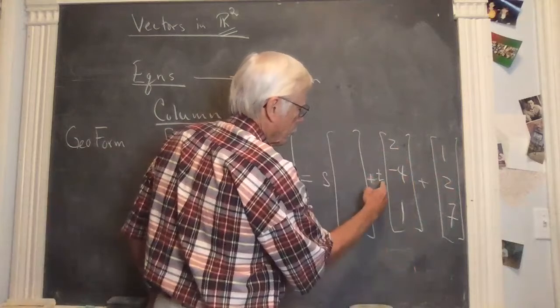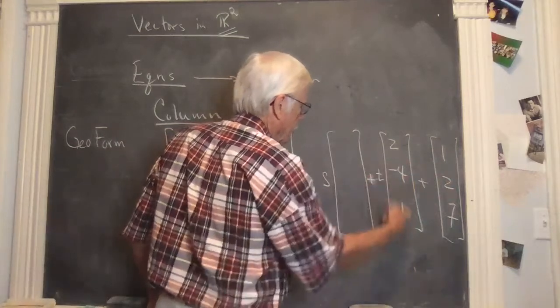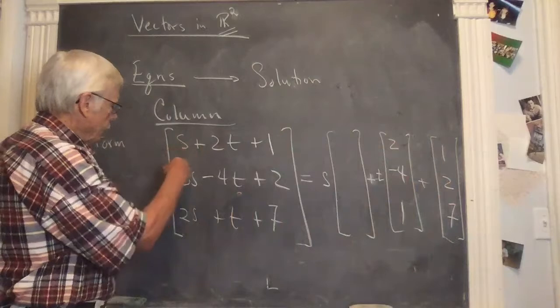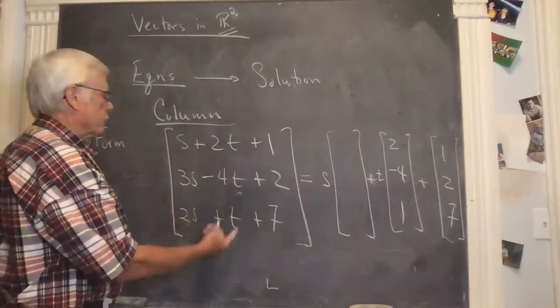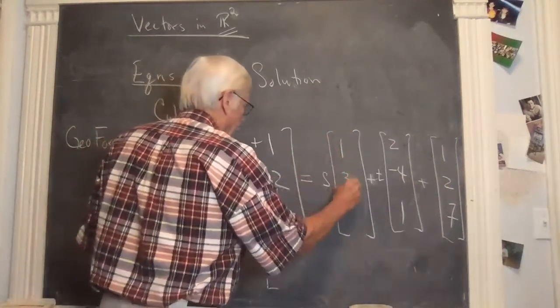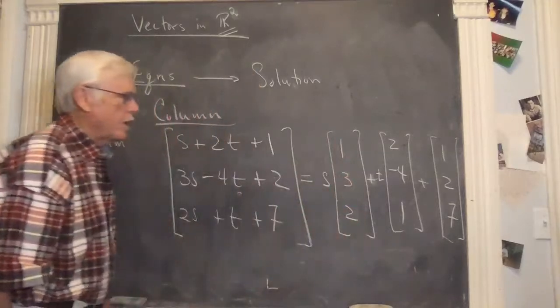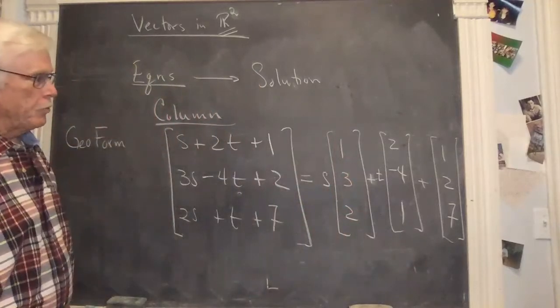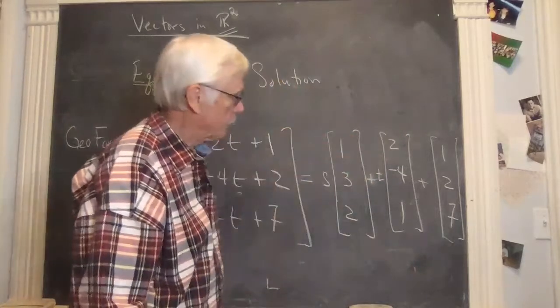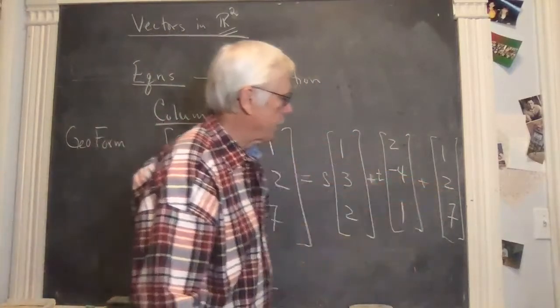And each one of those will be scaled by this t, so this t will multiply through like you see it here. And then you'll have an s part, s, 3s, 2s. When you factor out the s, you'll get 1, 3, 2. Now, any of our solutions can be written like this: a linear combination of these two vectors plus a constant vector.